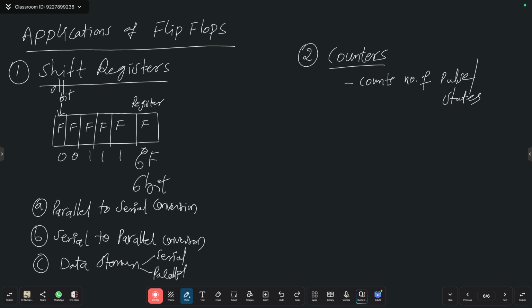That counter counts how many pulses are needed to obtain a particular state.